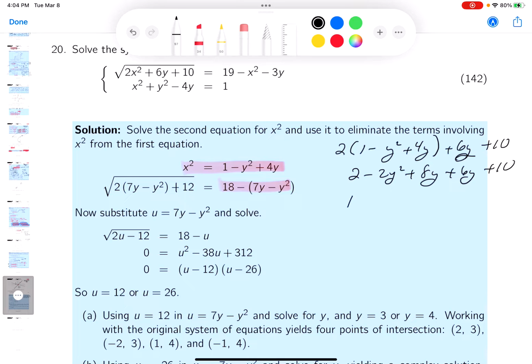Well, 2 and 10 is 12. Minus 2y squared plus 14y. And then I definitely see plus 12, by the way, again and again. And I'm going to factor out a 2. You would get 7y minus y squared plus 12. I did it twice, checked it twice, so I need to correct this error here. Let me highlight it for you, and that will be corrected.